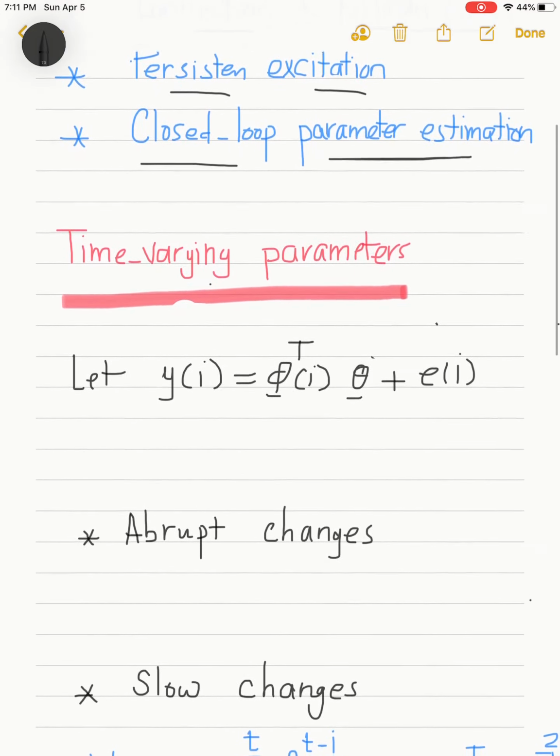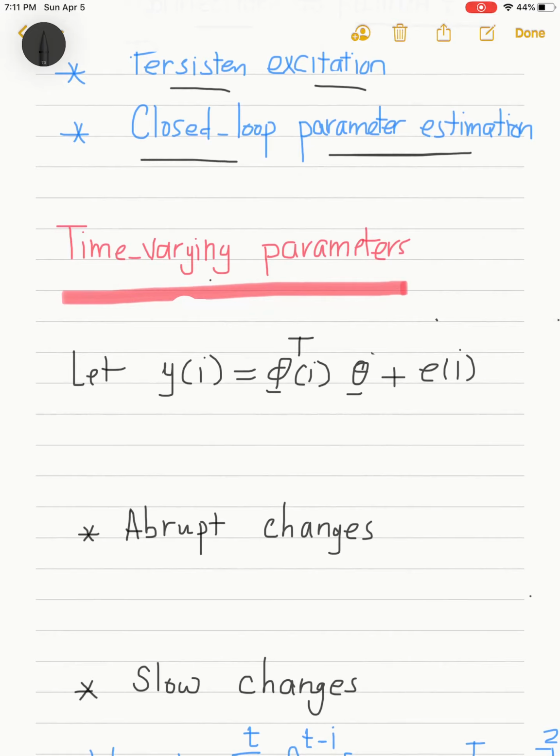So I'm assuming the usual model where we have y as an output, which is measured, and i as the sampling index, and theta, the unknown parameters.